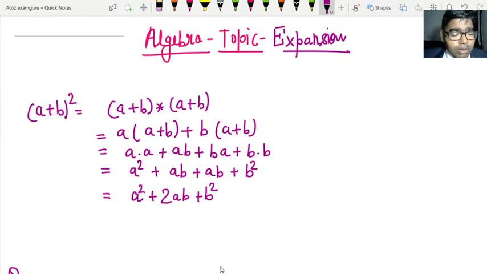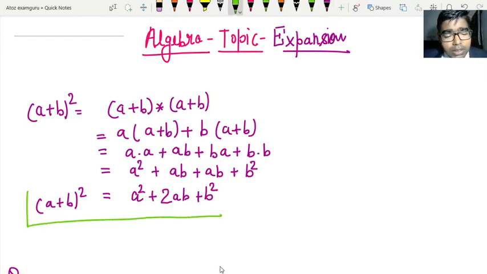So the expansion of (a plus b) whole square is a square plus 2ab plus b square.